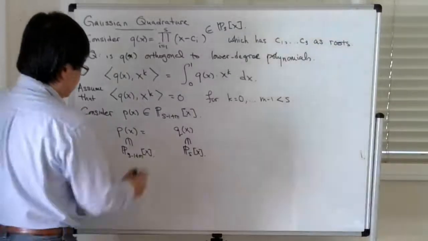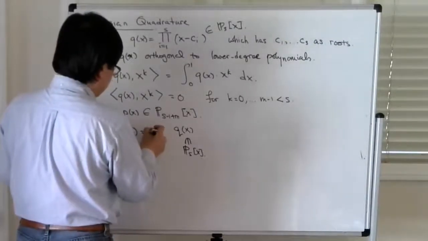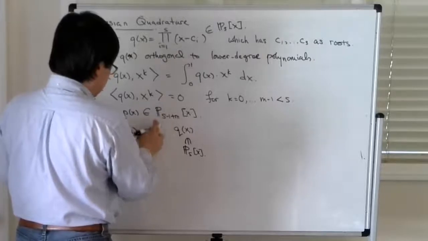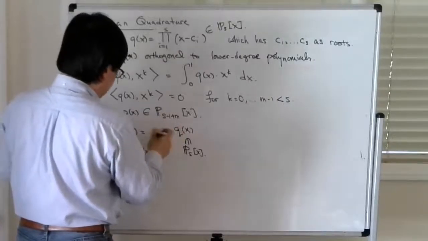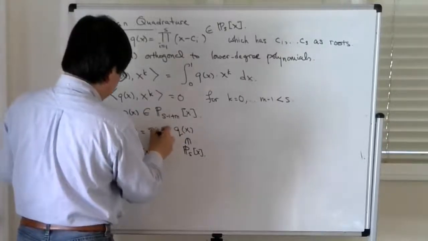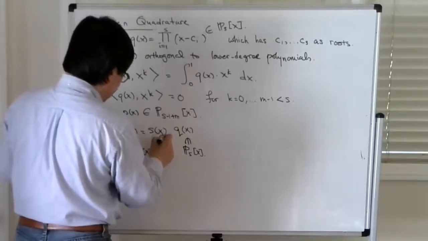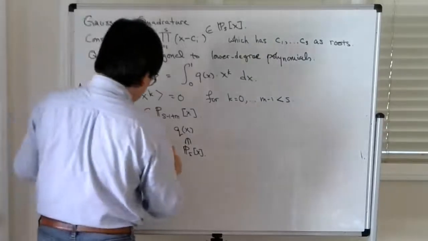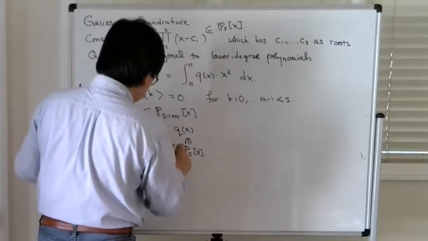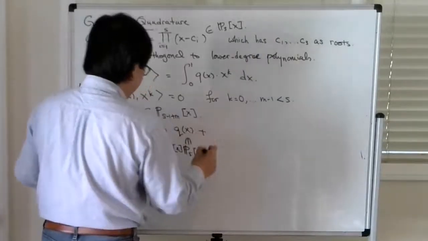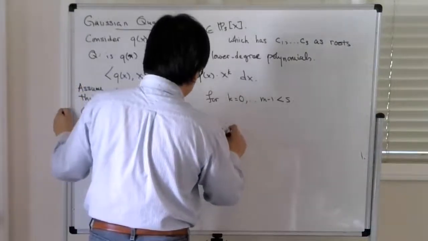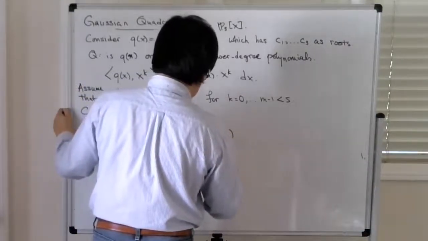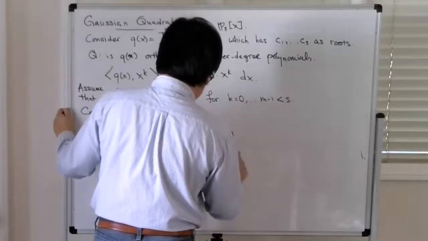Okay, so there's a polynomial, let's say s of x, which is a polynomial of up to degree m minus 1, and then there's a remainder term r of x, which is in the worst case a polynomial of up to degree s minus 1.